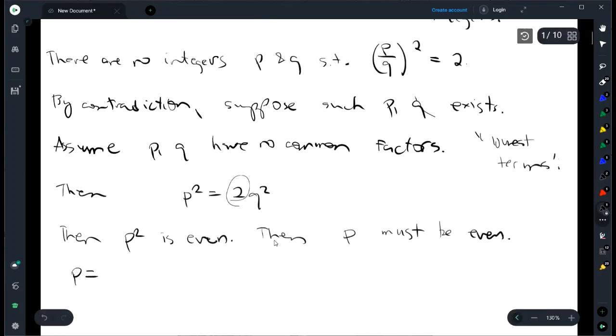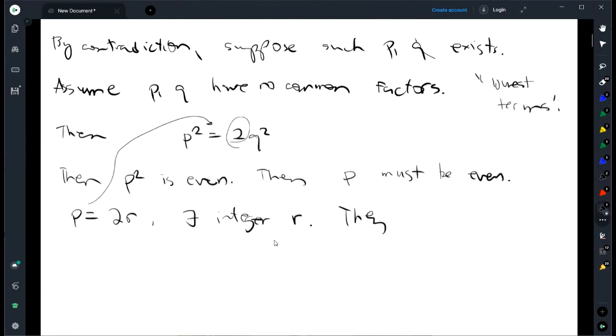Then, because P must be even, we can write P as a multiple of 2, which is equal to 2R for some integer R. Then, if we substitute this expression for P here, what we have is this one.